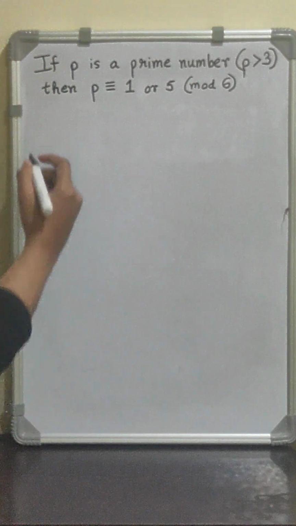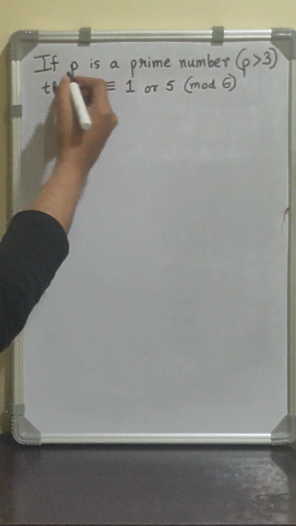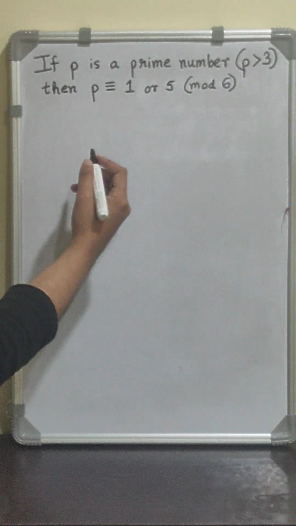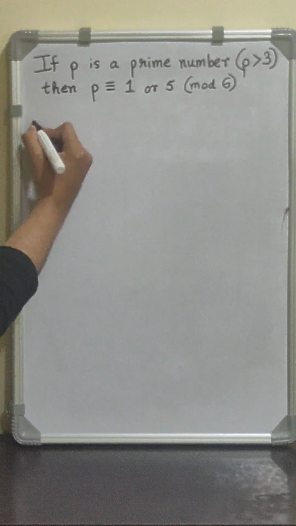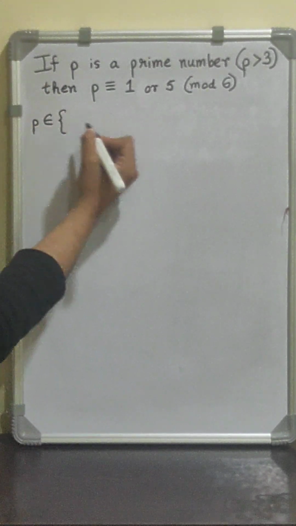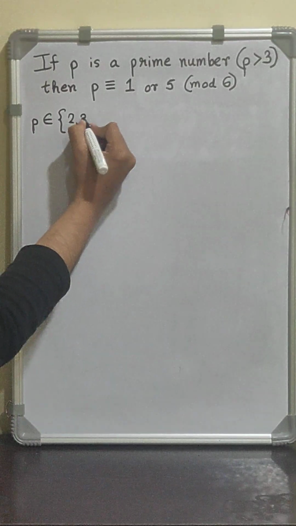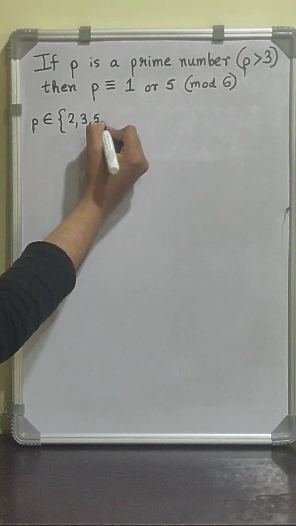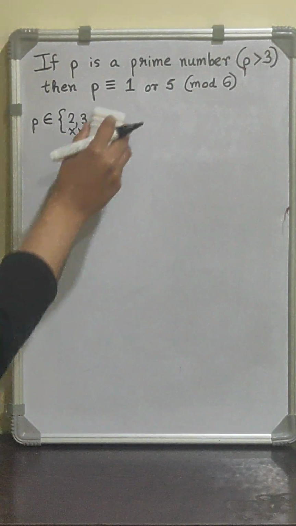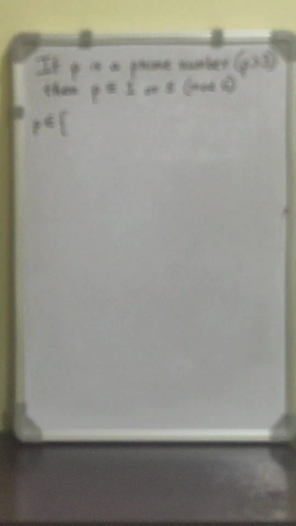Like I usually do, I would start with some examples of how p can look to get a visualization of things. So p will definitely belong to the set of prime numbers greater than 3. So I cannot write 2 and 3 here. I have to start by writing the set of prime numbers greater than 3.